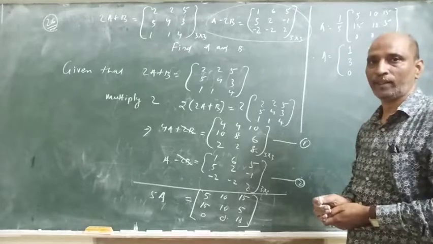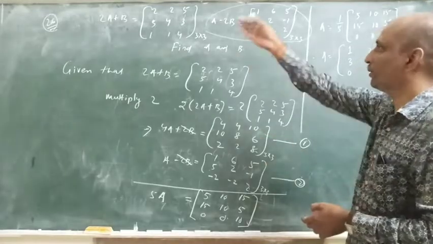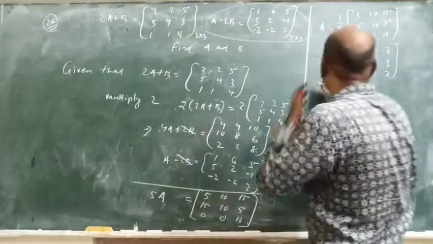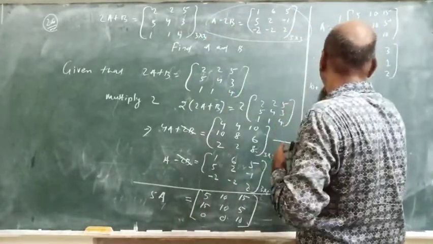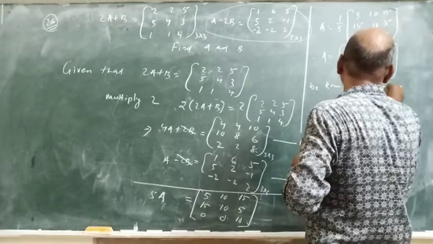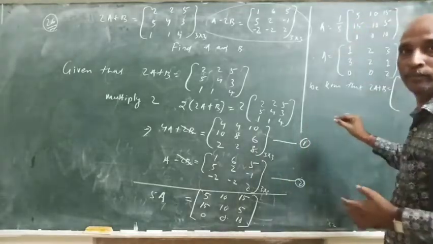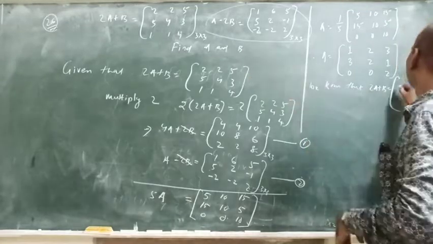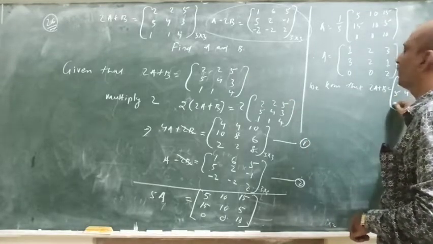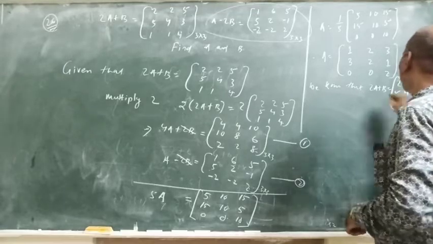Okay, so now by putting the value of A in either of these two equations you will get the value of B. Let us put it in this equation. Now we know that 2A plus B is equal to this one: 2 2 5, 5 4 3, 1 1 4.